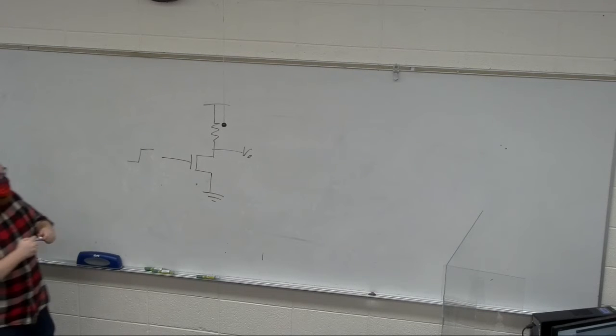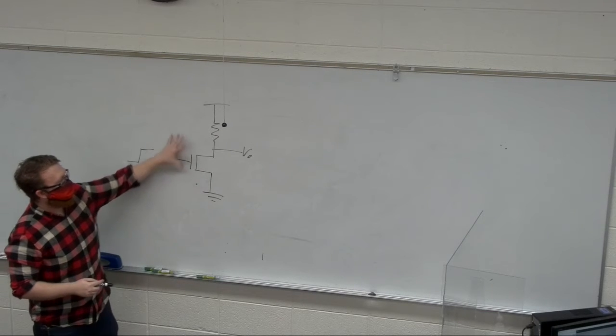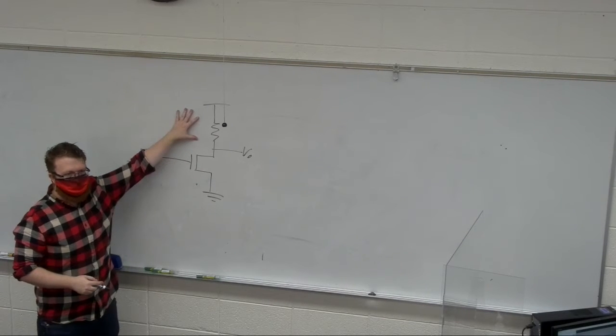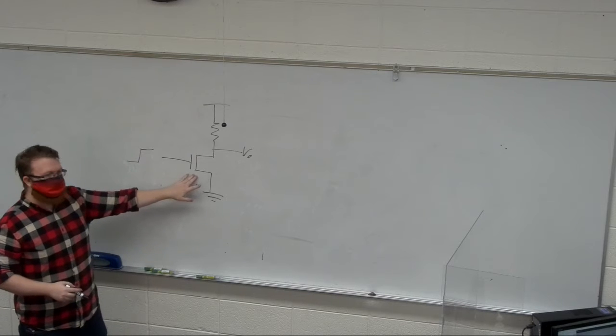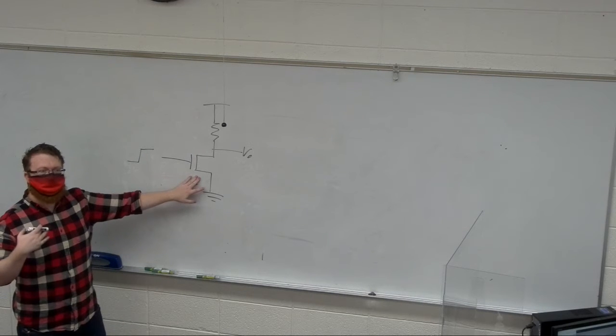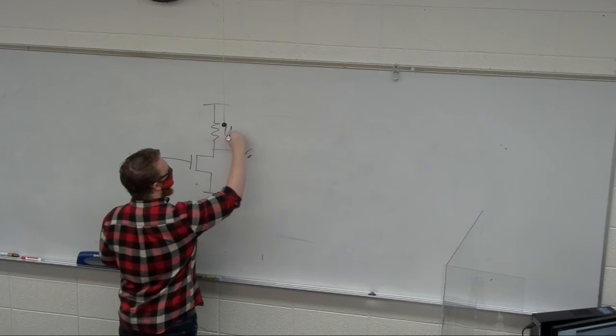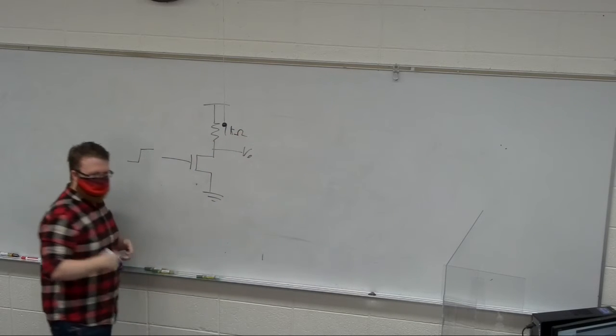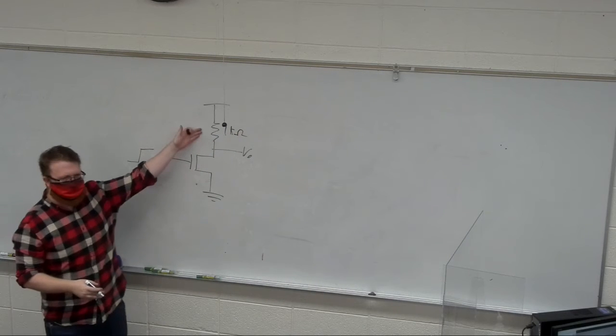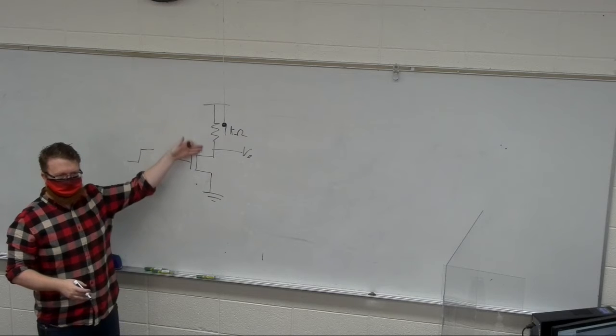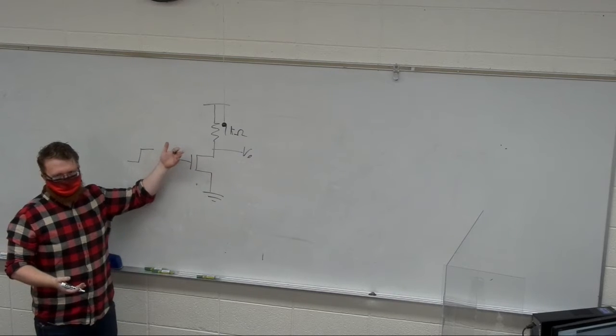But you'll notice that these are not mirrored components. So this guy, when he's on, has some resistance. But let's say this is a 1 kilo ohm resistor, which is a reasonable amount, because you kind of want this to be big, because otherwise it leaks power, right?